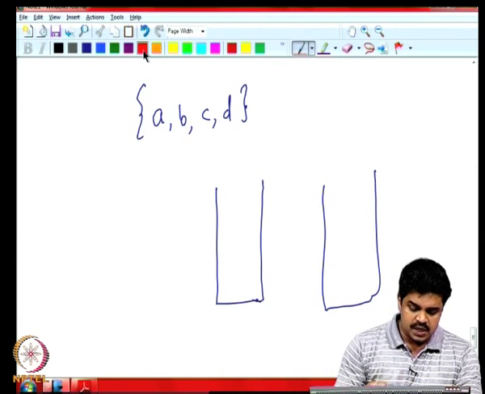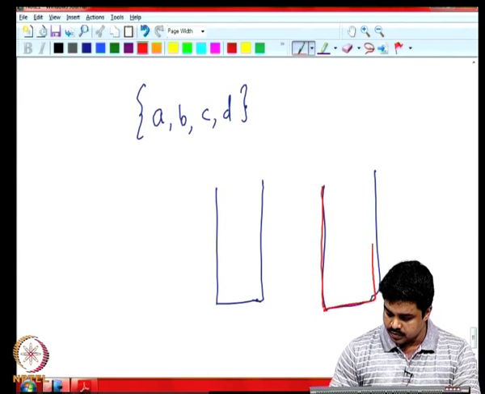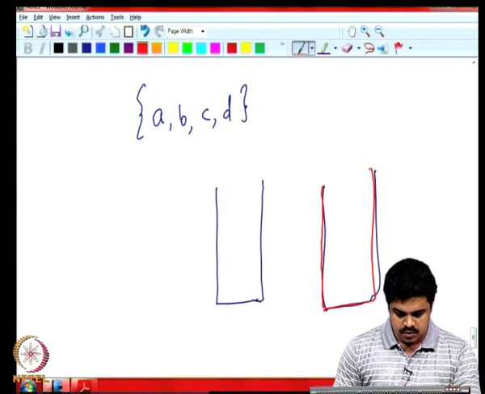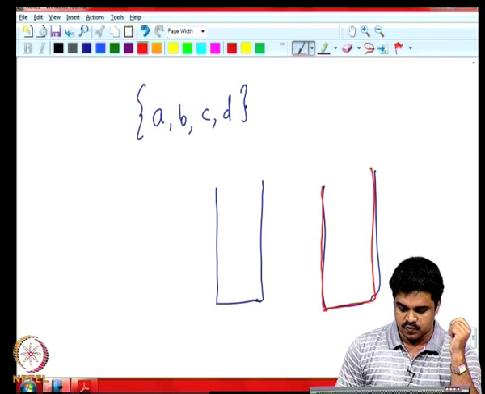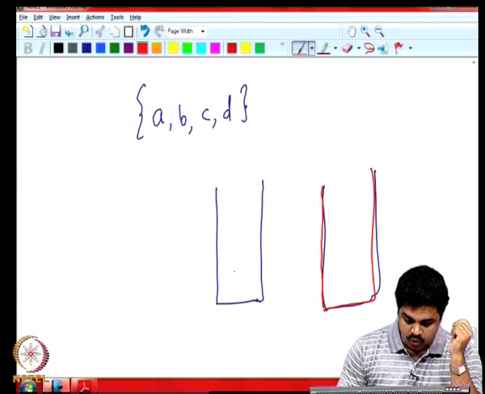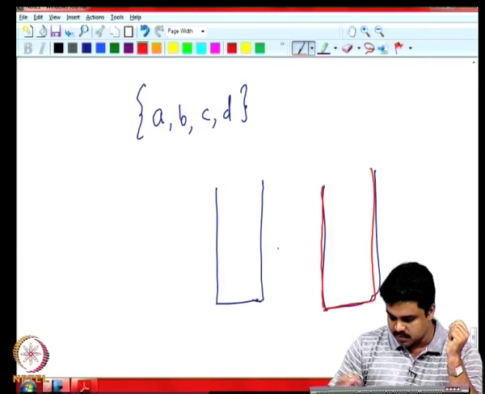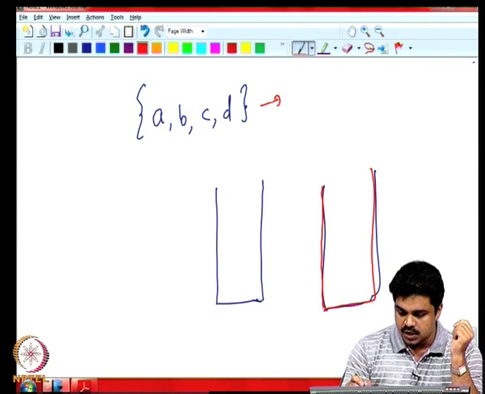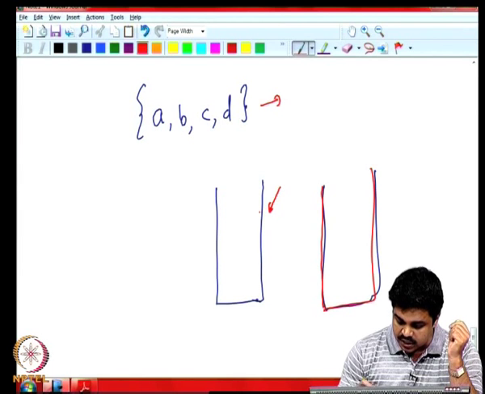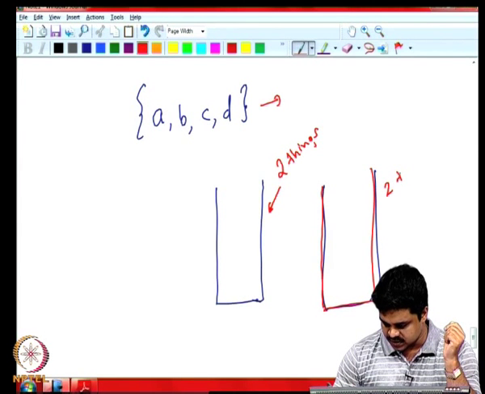Suppose these boxes are distinguishable, then I can do it in 6 ways. Why? Because in this green box, I can put any 2 things, because once you put 2 things in this, the remaining 2 will go in the other. It means what I want to do is this green box should get 2 things, and this red box should get 2 things.